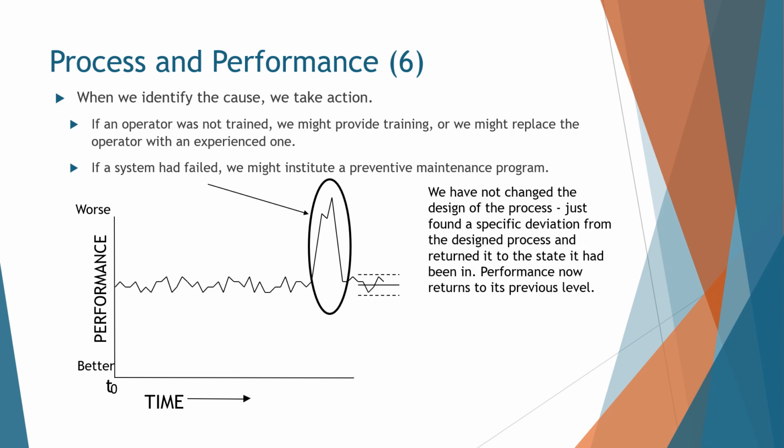We have not changed the design of the process, just found a specific deviation from the design process and returned it to the state it had been in. Performance now returns to its previous level, so we're all good to go.